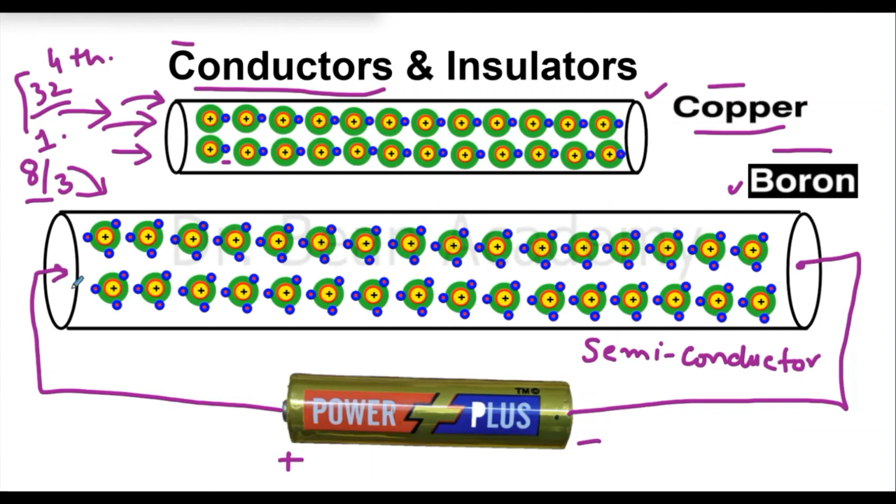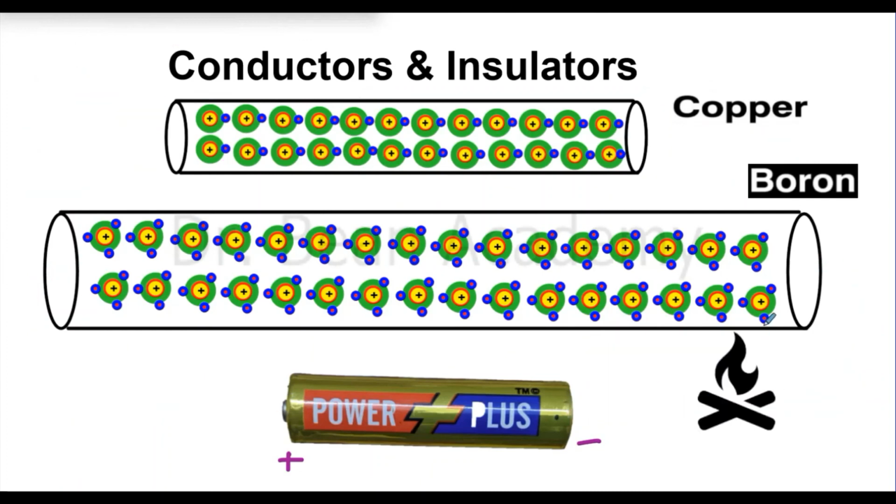And what can I do to do that? I can apply a very strong potential difference across the ends of this wire, so that the push on the electrons from the battery, or the electric field, is so strong that it will detach electrons from their nuclei and they will start flowing. Or another way I can use is to heat this material.